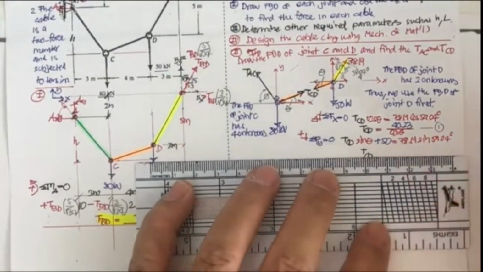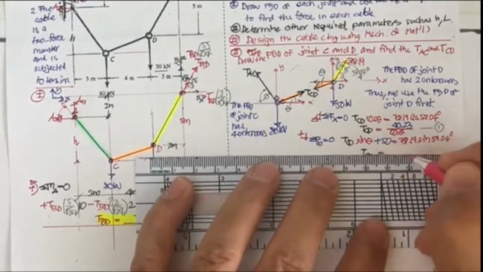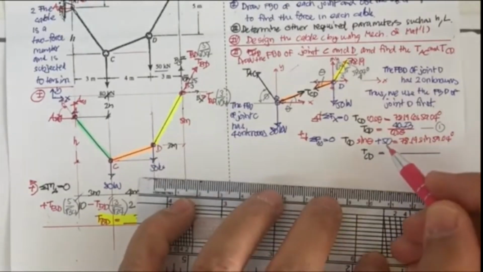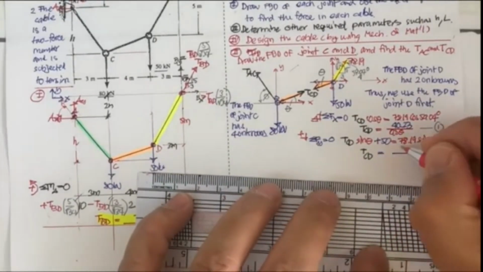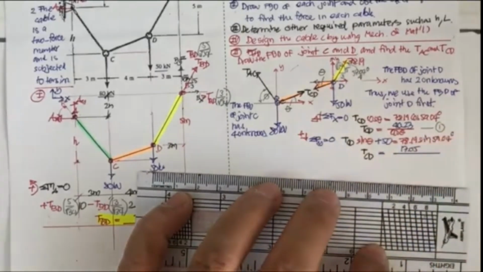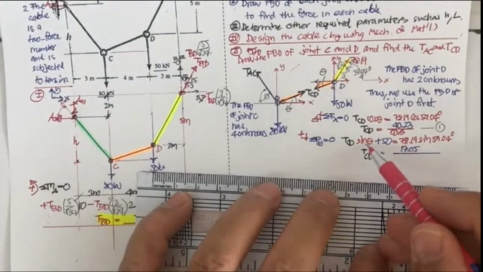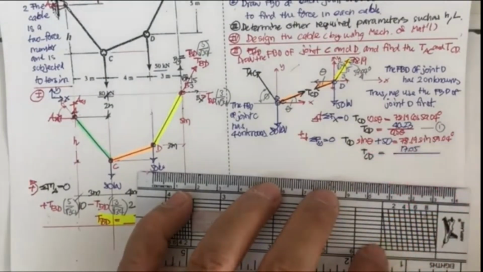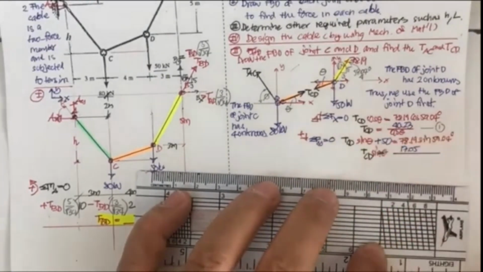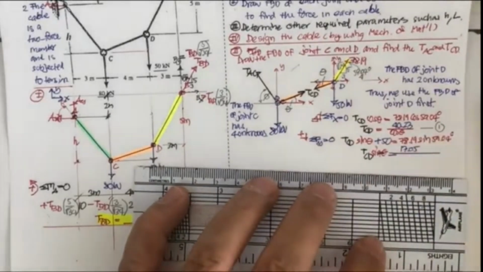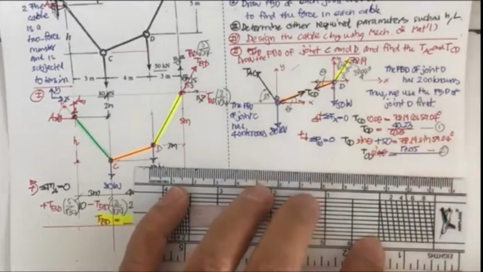And then you move this one, you get the T sub CD sine theta equal to, you put this one into this one, that's going to be equal to 78.19 sine 59.04 minus 50. You should get it for 17.05. Okay, this one is going to be the equation 2.